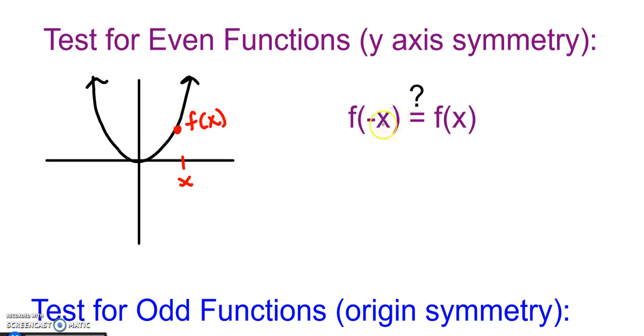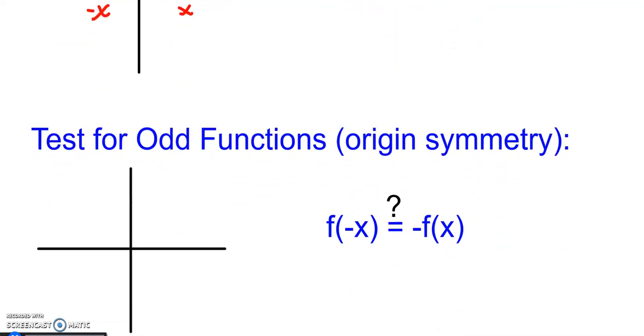Testing for an even function says when I put in negative x, do I get back my same y value from the original point? So if I go to negative x, this up here is now f of negative x, because my input, output. Are these two things the same value? And in this case, yes, they are. So we said that this has y-axis symmetry.